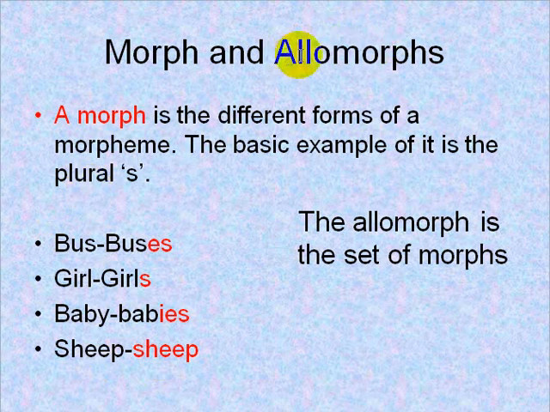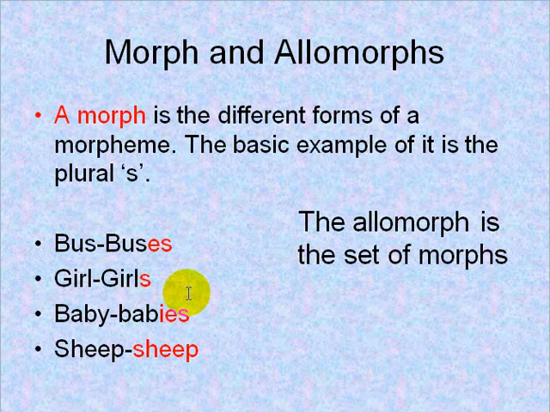Allomorphs of the plural s means all the morphs of the plural s, which is the morph s, the morph is, the morph z, the morph e from sheep, the morph en from oxen, the morph is from houses, and so on and so forth.